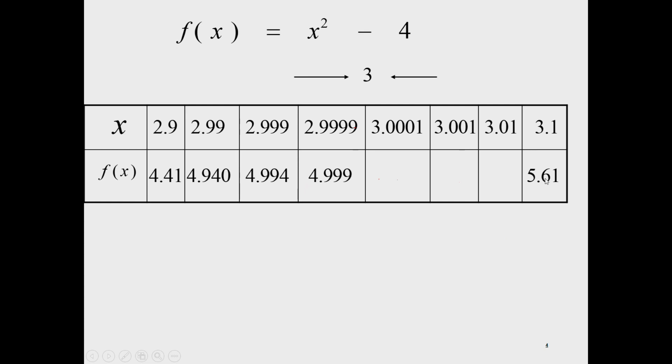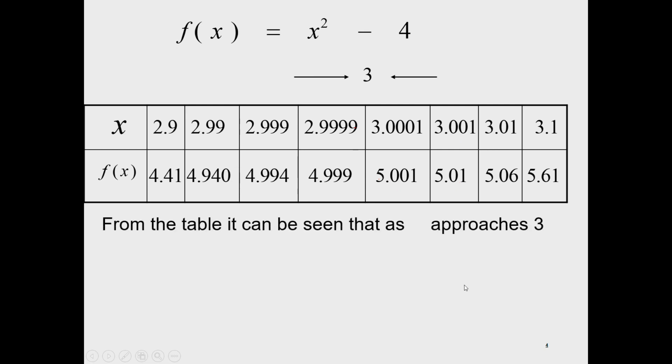Similarly, we are going to see this side. 3.1 gives 5.61, 3.01 gives 5.06, and 3.001 you have 5.01. Next we have 5.001. These values are getting close to some common value, and that common value is basically 5. So we can confirm that the value in the middle here is actually 5.